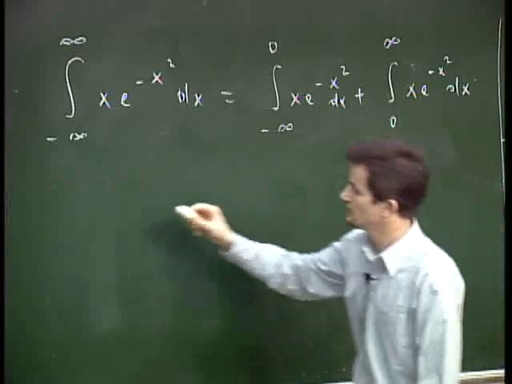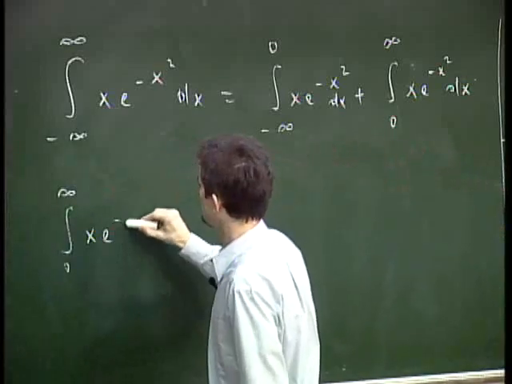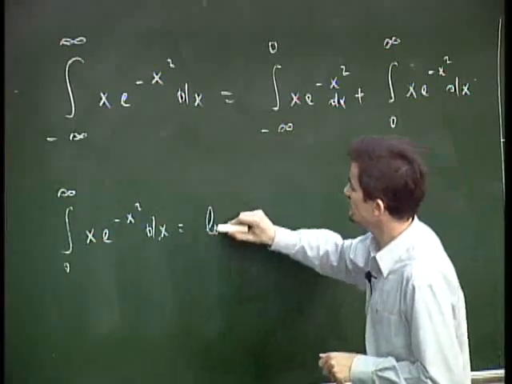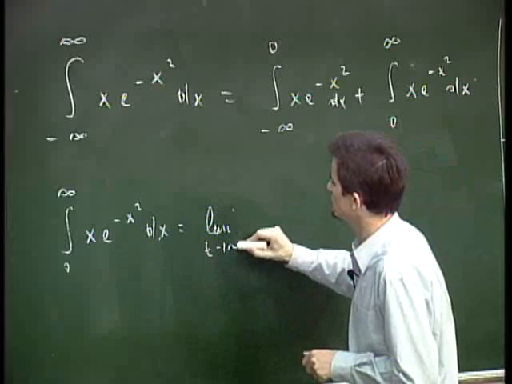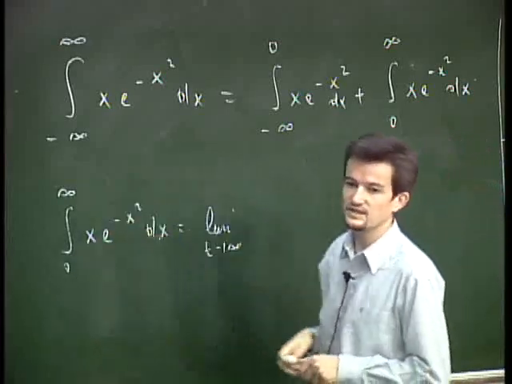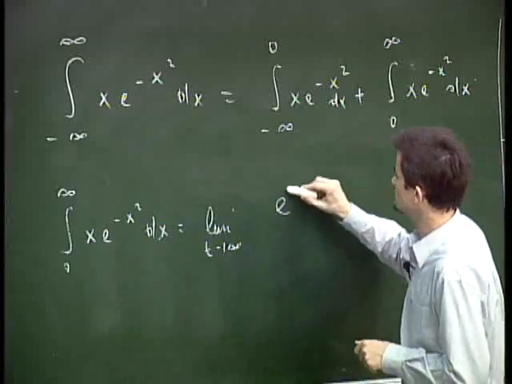For the first one, the integral from 0 to infinity of x e to the minus x squared dx, by definition this is the limit as t tends to infinity of the integral from 0 to t. Since we have here an x, this is fortunately easy to compute.